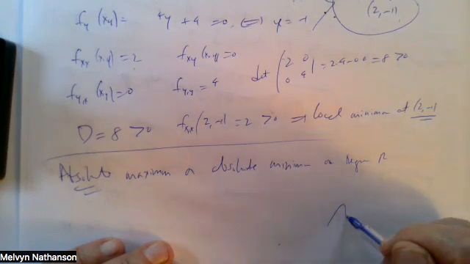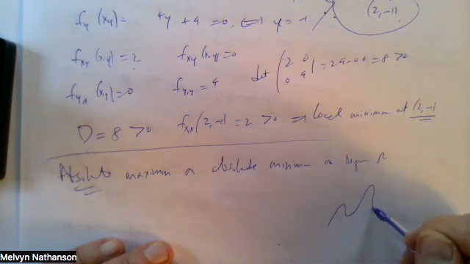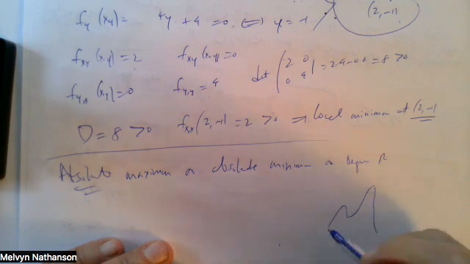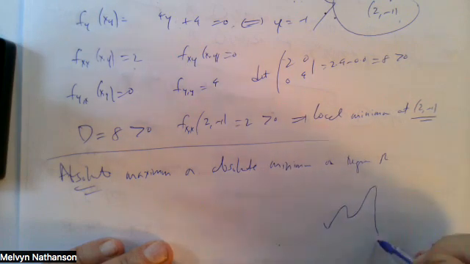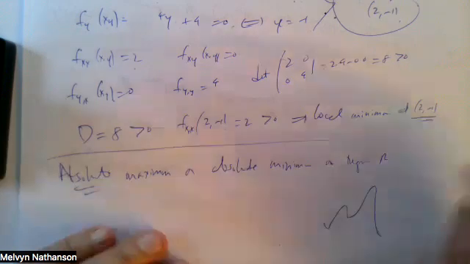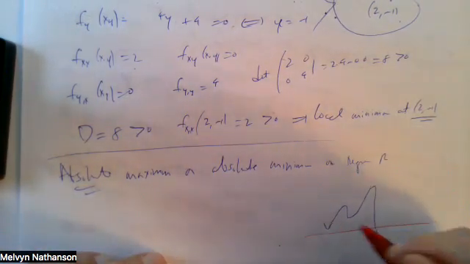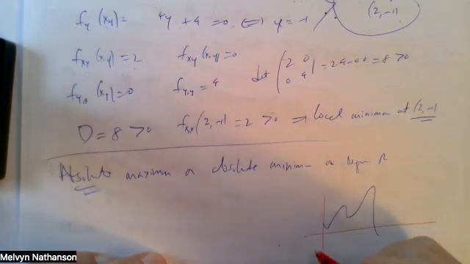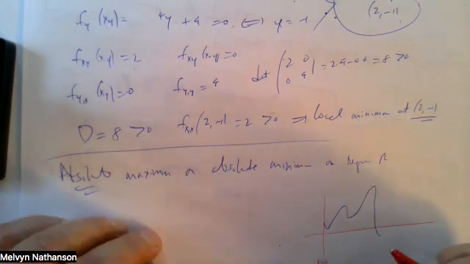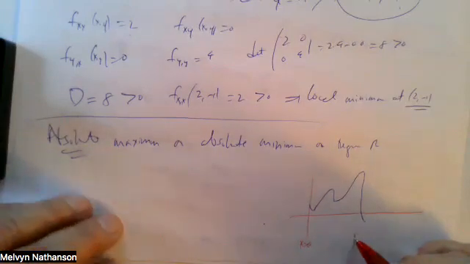You might have a function that looks like this. And let's say this is the xy axis. Yeah, that's the x-axis. And this is x equal a. And this is x equal b.